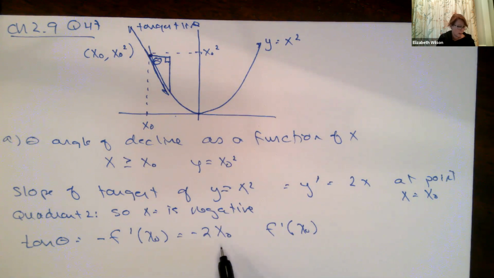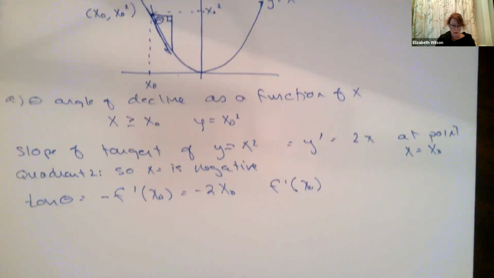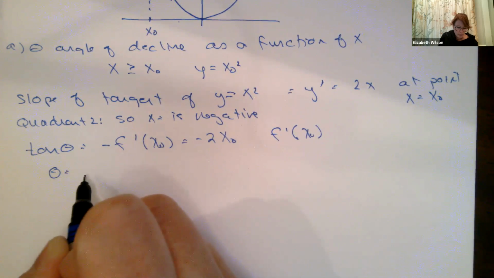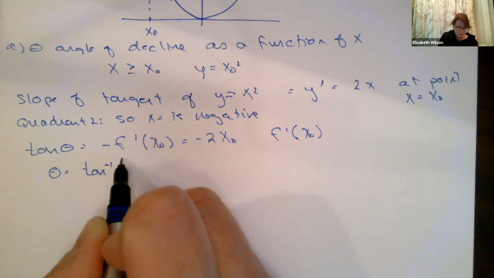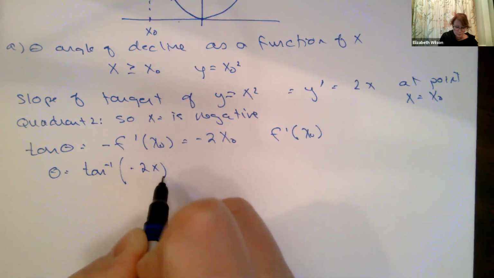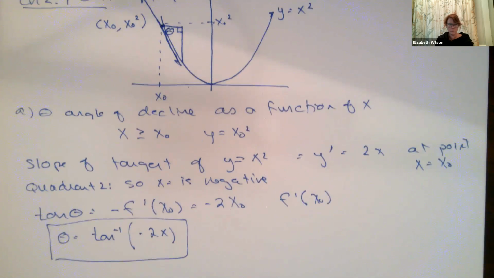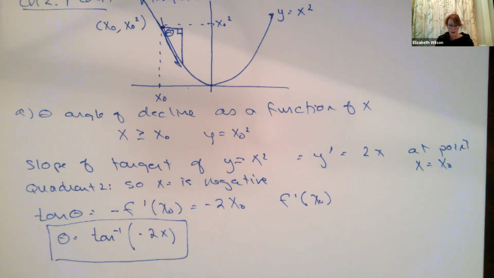So tangent of theta equals minus 2x naught. If we solve for theta, theta equals the inverse tangent of minus 2x. That comes from our graph, where we're thinking about opposite and adjacent.